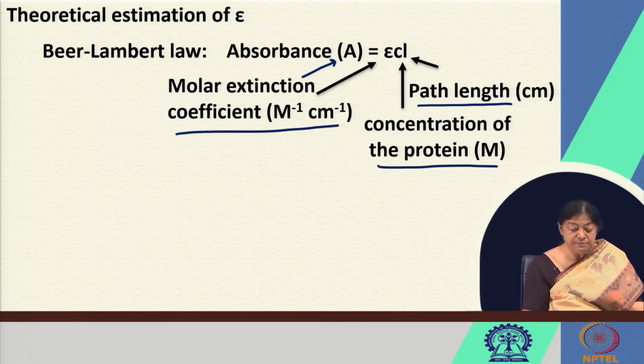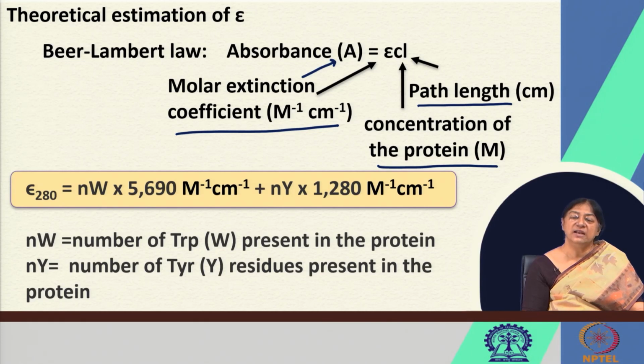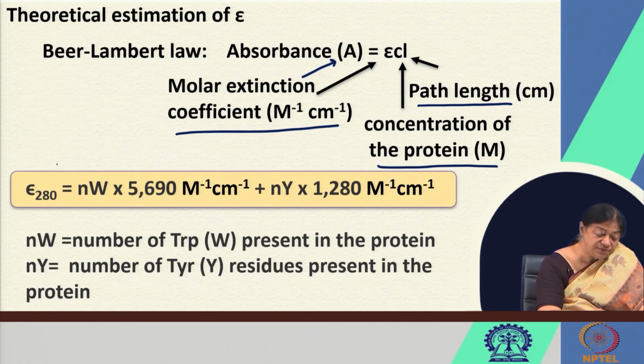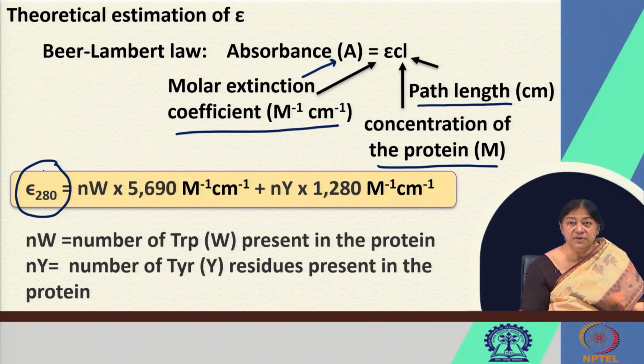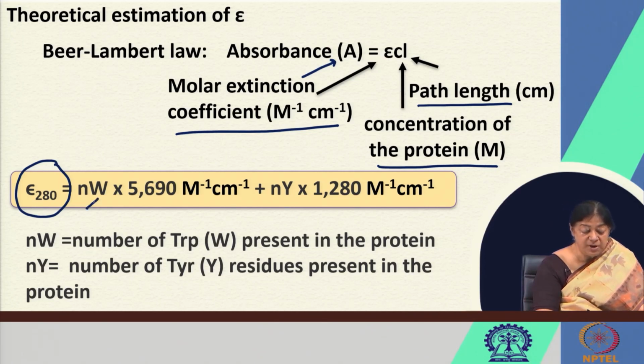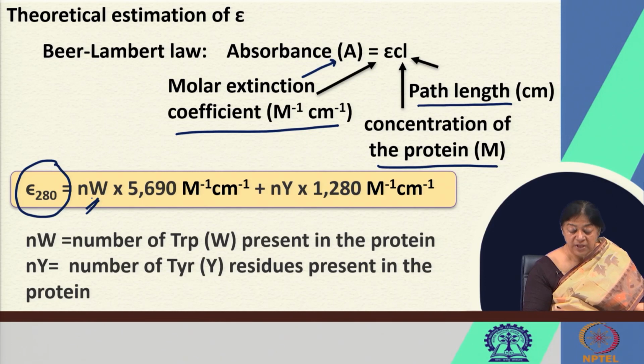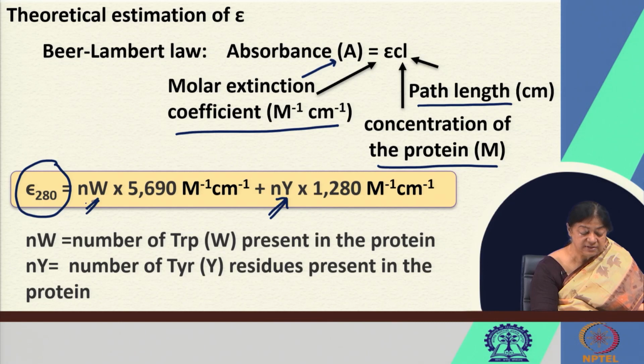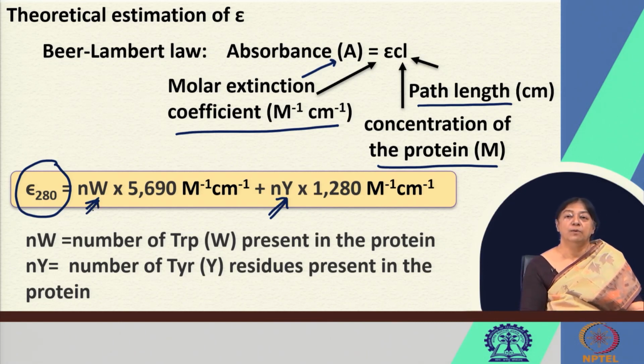So, this is important when we are trying to figure out, through theoretical estimation, what the extinction coefficient of a particular protein is going to be at 280 nanometer, given that we know the number of tryptophan, that is W, and the number of tyrosine, that is Y. W is the 1-letter code for tryptophan, Y is the 1-letter code for tyrosine.